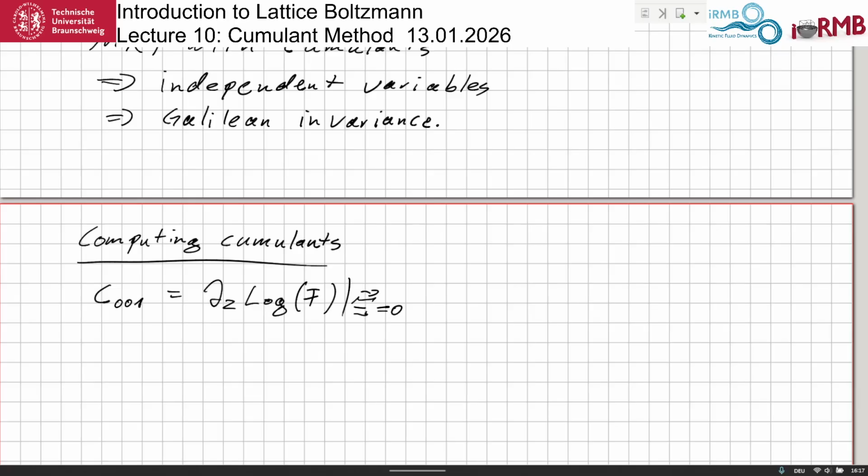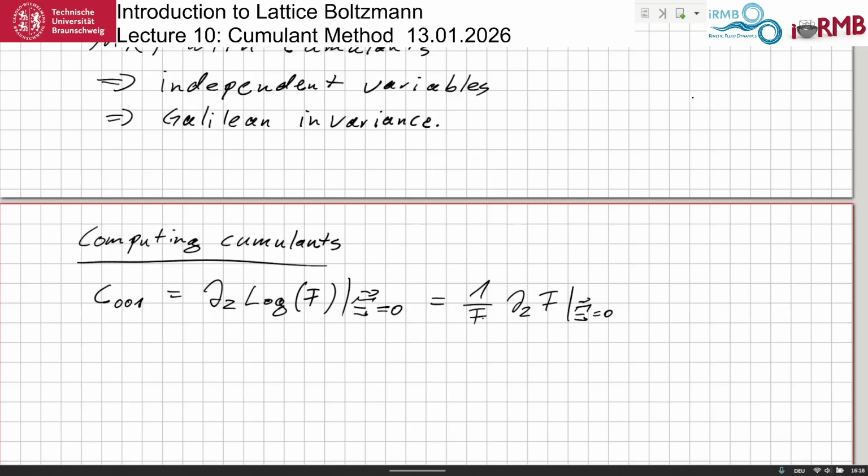We'll apply the chain rule a lot. In that sense, we first take the derivative with respect to f, the logarithm, and what we come up with is that this is 1 over f times the derivative of f in z, still at xi equal to 0. Now what we have to understand is that xi equal to 0 gives us the actual moment, and we see that we have two moments.